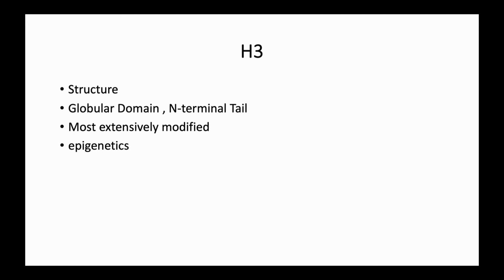Aside from that, it's also an important protein in the emerging field of epigenetics. And so its sequence variants and variable modifications are thought to play a role in the dynamic and long-term regulation of genes.